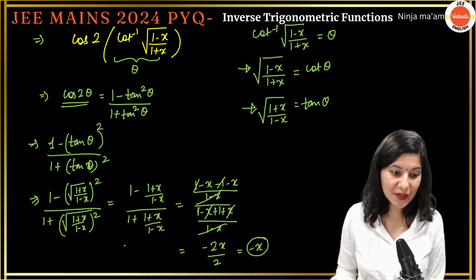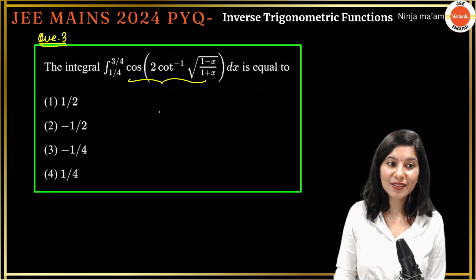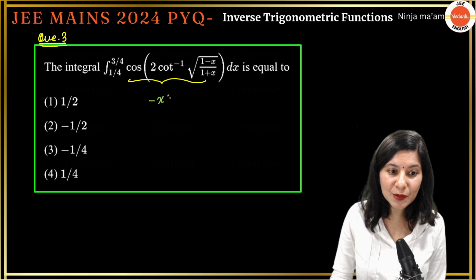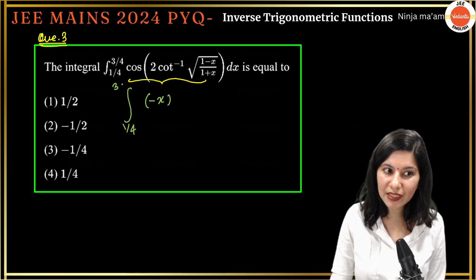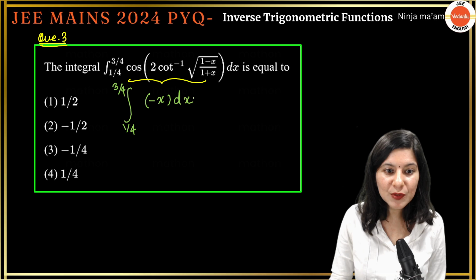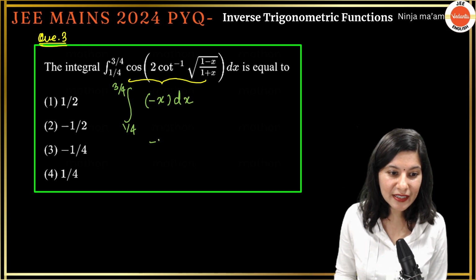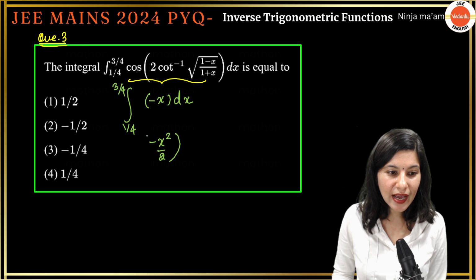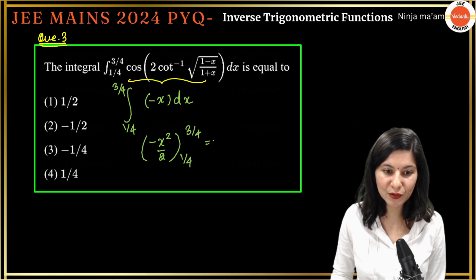Okay. Alright. So we just have to integrate minus x. So this whole expression turned out to be minus x. We need to integrate this from 1 by 4 to 3 by 4 with respect to dx. Can you imagine? Now if I integrate, minus of x square by 2, and this is 1 by 4 as lower limit, upper limit is 3 by 4, right?